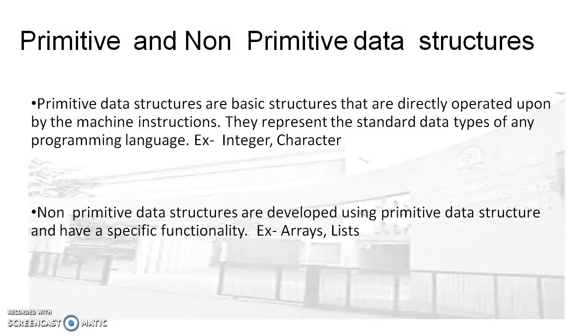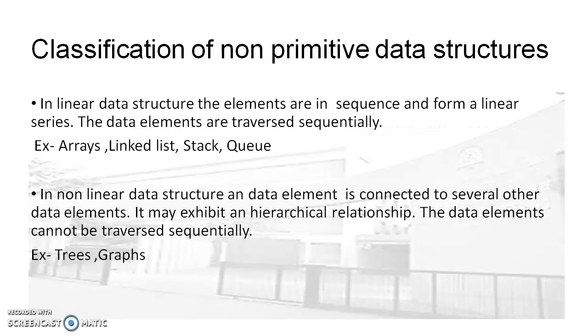Non-primitive data structures are developed using these primitive data structures, and these non-primitive data structures have specific functionalities. So they are storing the data as well as having some particular operations performed on it. Say for example, arrays and lists are the non-primitive data structures. These non-primitive data structures are further classified into linear data structures and non-linear data structures.